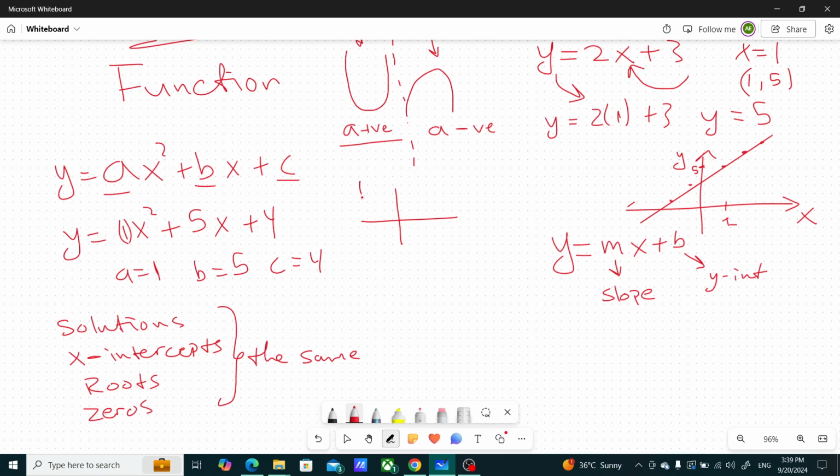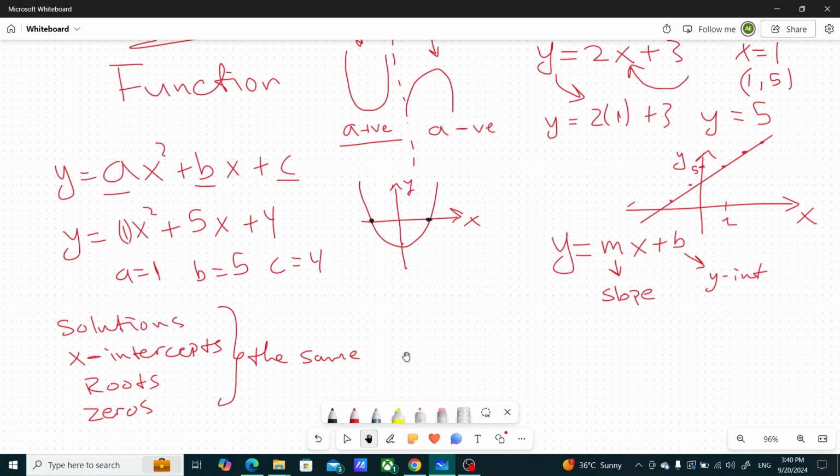So where does my parabola intercept the x-axis? This is my x-axis, of course, this is my y-axis. My first x-intercept is here and my second x-intercept is here. So I can see that I have two x-intercepts for this parabola.